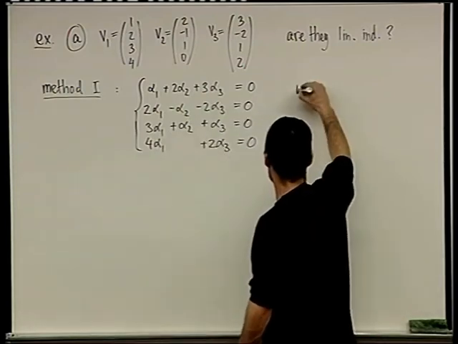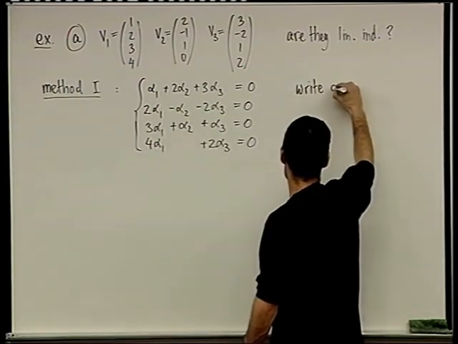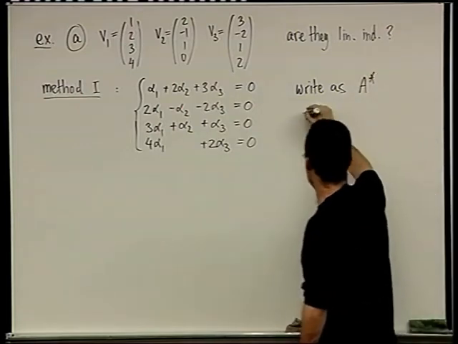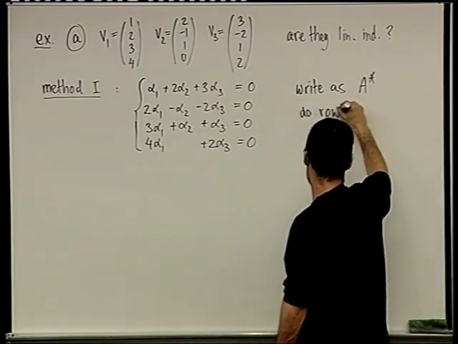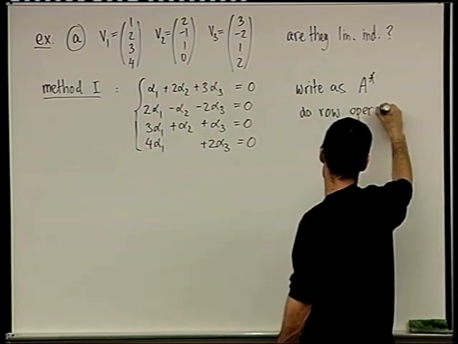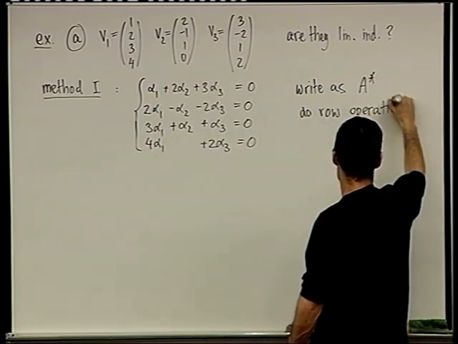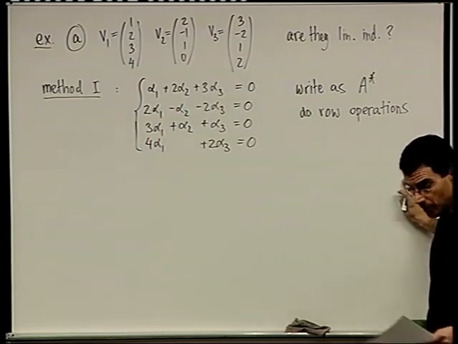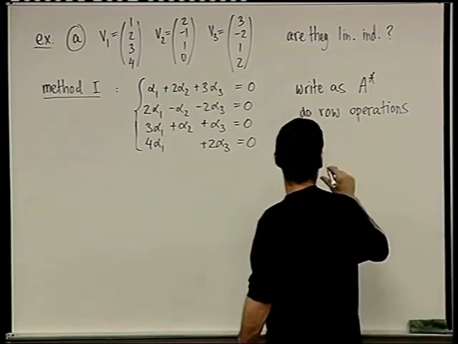So let me write it as A star. We know how to do that. Do row operations until you reach the canonical form, if you want to go all the way, not necessarily required.